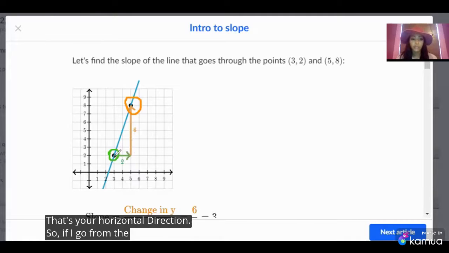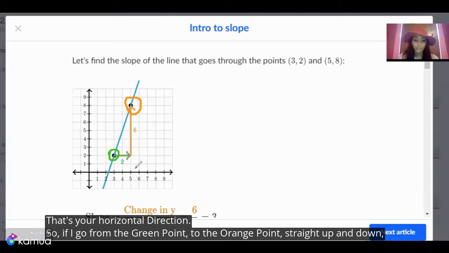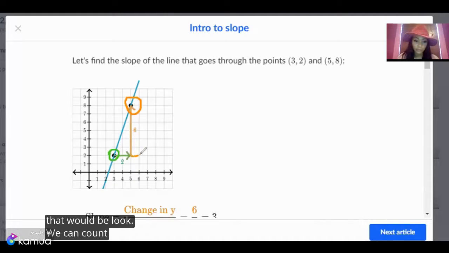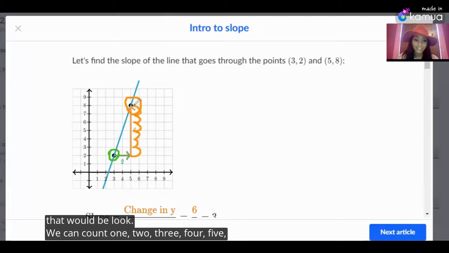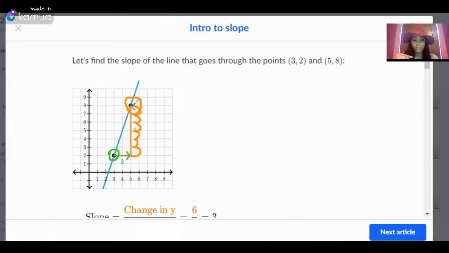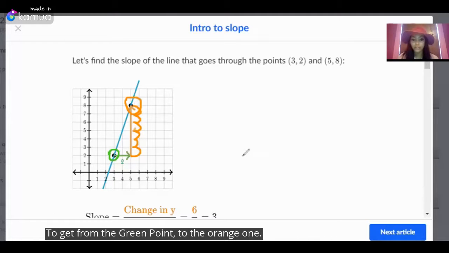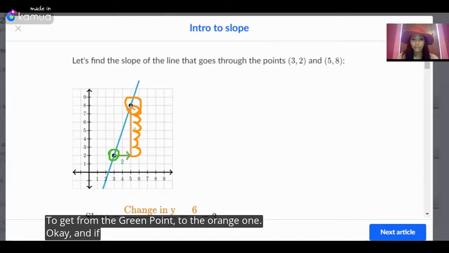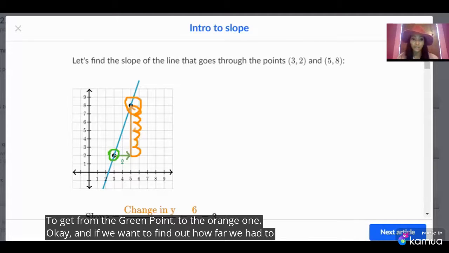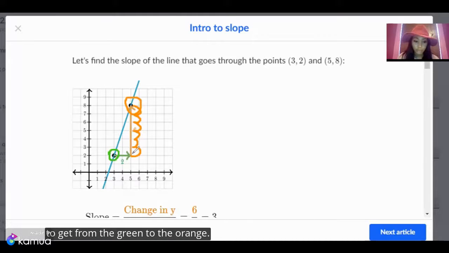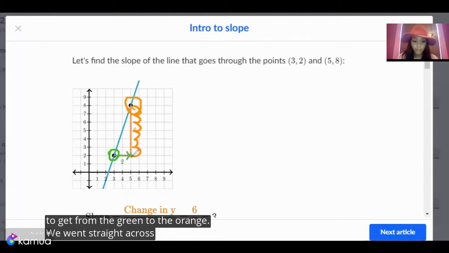So if I go from the green point to the orange point, straight up and down, we can count, 1, 2, 3, 4, 5, 6 spaces up to get from the green point to the orange point, okay? And if we want to find out how far we had to go across in the x direction to get from the green to the orange, we went straight across 1, 2, okay?